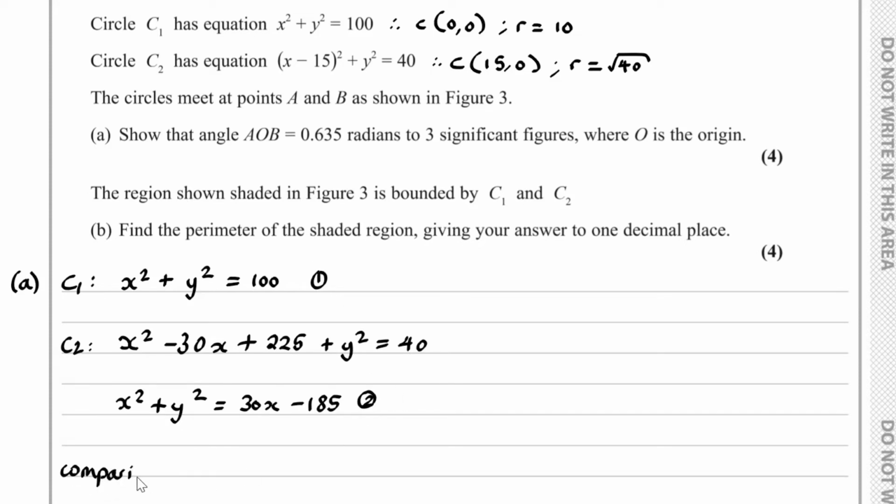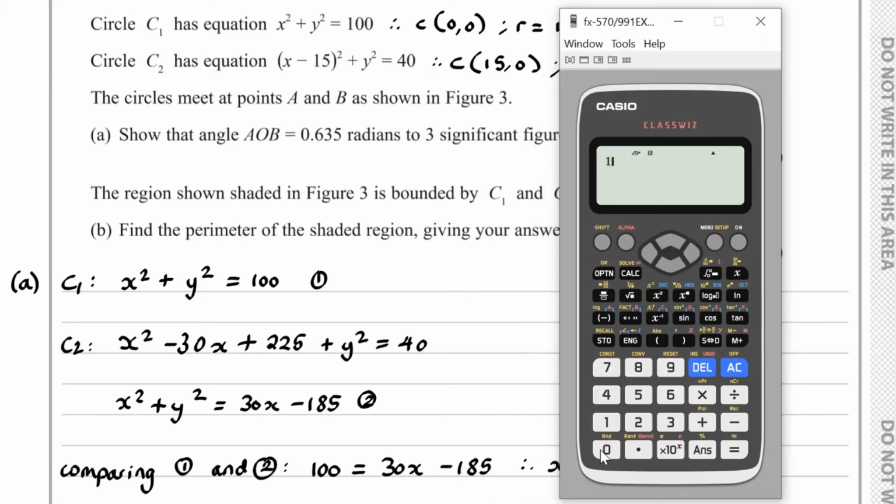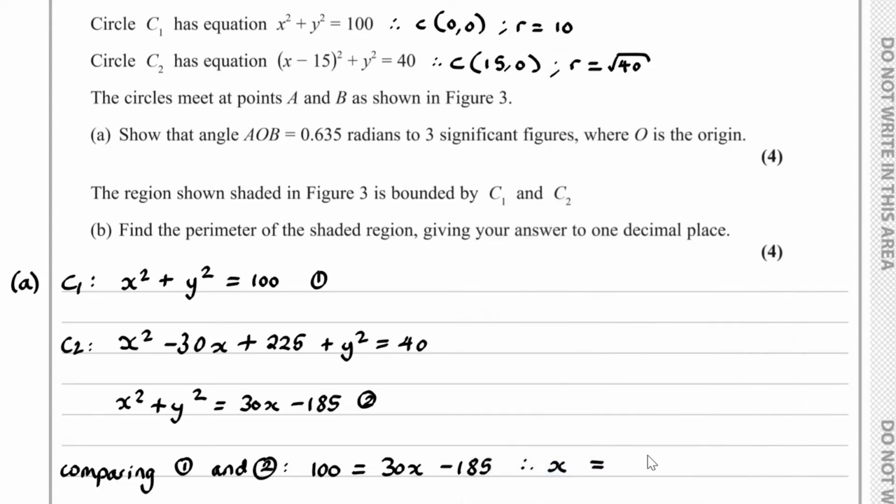So comparing equation 1 and 2, you can hopefully see here we have 100, which is equal to 30x minus 185, and if we solve for x, we have 100 plus 185 divided by 30, which is 19 over 2.